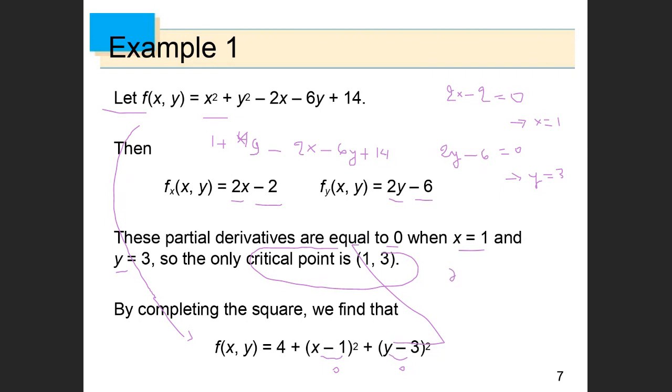If you differentiate the second time, you've seen higher order derivatives, you get 2 for the second derivative with respect to x. Now the derivative of f with respect to y a second time is how much? It's 2. And the mixed one, where you differentiate, as we said last time, first with respect to x or with respect to y, you get the same thing, and here you're going to get 0.